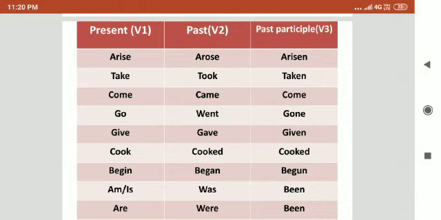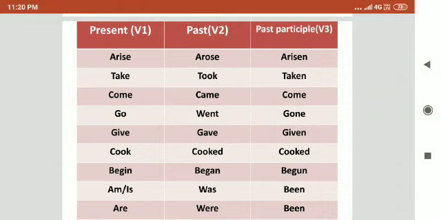But if we change the word arise into past, we can say many accidents arose from carelessness. Arose means we're talking about the past. And when it comes to the past participle, it will be arisen. For example, a new difficulty has arisen. That means it has happened or is happening right now, right?